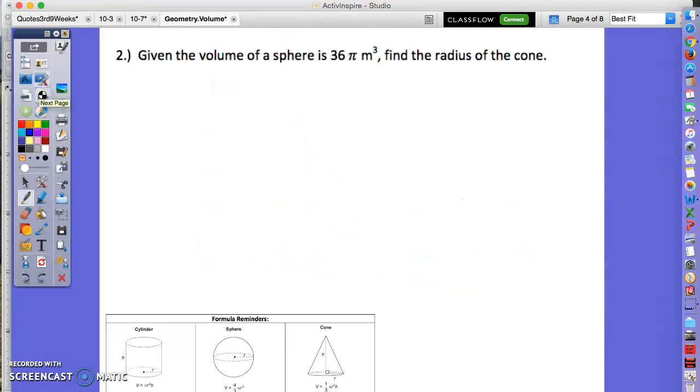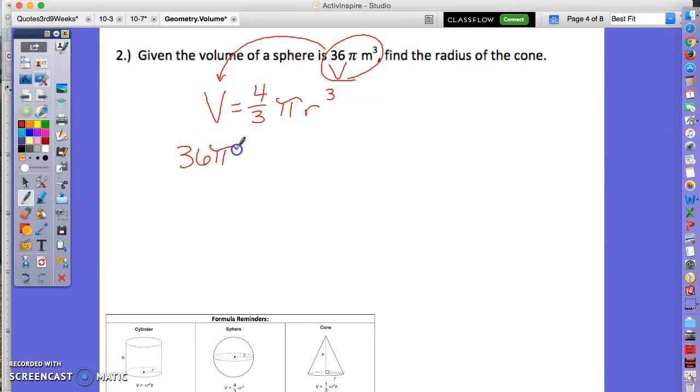Okay, for number 2, now we are given the volume of the sphere. This is the volume. Find the radius. So the volume formula for a sphere is 4/3 pi r cubed. You know the volume, so let's put that in for volume. 36 pi is equal to 4/3 pi r cubed.